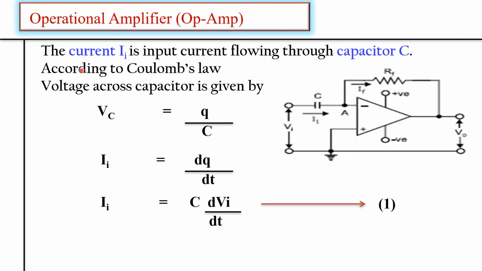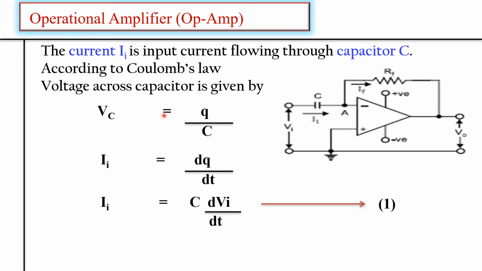The current Ii is the input current flowing through the capacitor. According to Coulomb's law, the voltage across the capacitor is given by Vc, because node A is at virtual ground, since the non-inverting terminal is grounded. So the voltage across the capacitor is nothing but the voltage at the input.